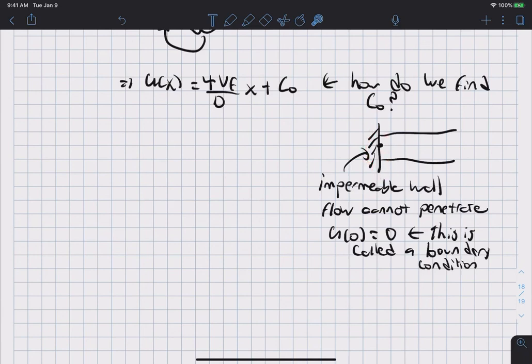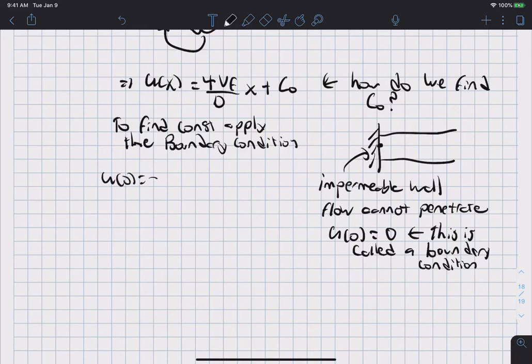So then, to find the constant, apply the boundary condition. That u of 0 equals 0, and here we just set x equals 0 into our result, and so you get 4 times vf over d times 0 plus C0.